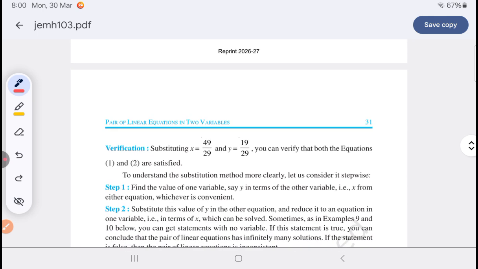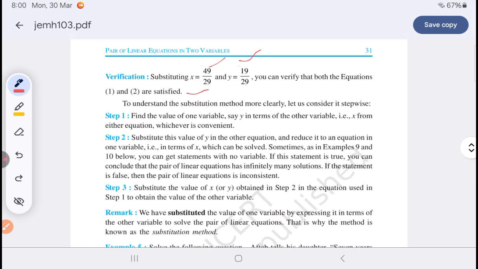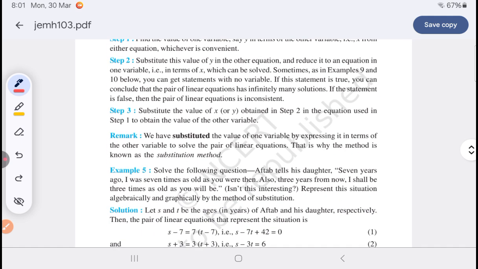Put the values of x and y in both equations, then the equations will be satisfied. So these are the steps that you have done.